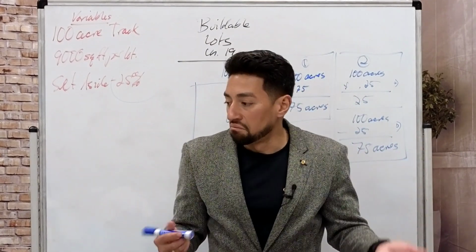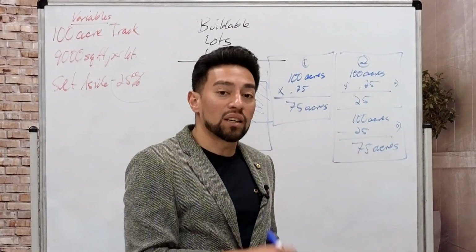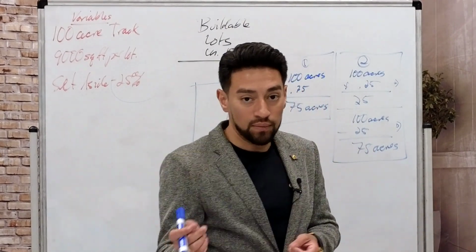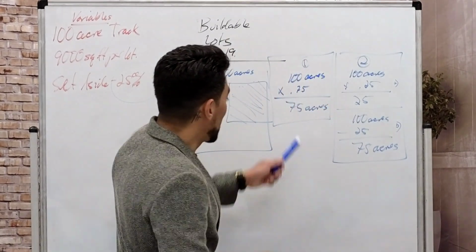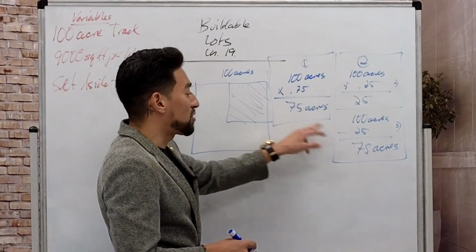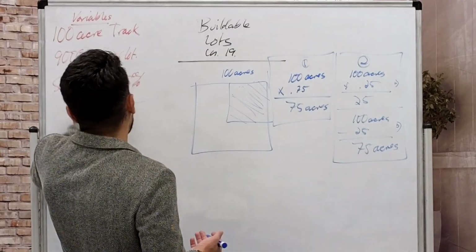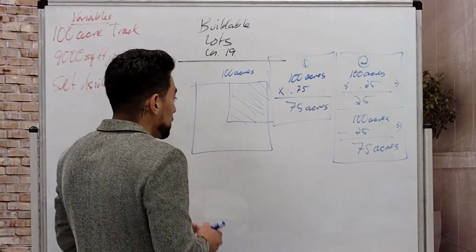Whichever way you do, doesn't really make a difference. It's strictly what makes sense in your head. And again, we want to keep this thing logical. Okay? So that means that we have 75 acres that we can actually build on. Okay? We already took away our 25 from our 100.